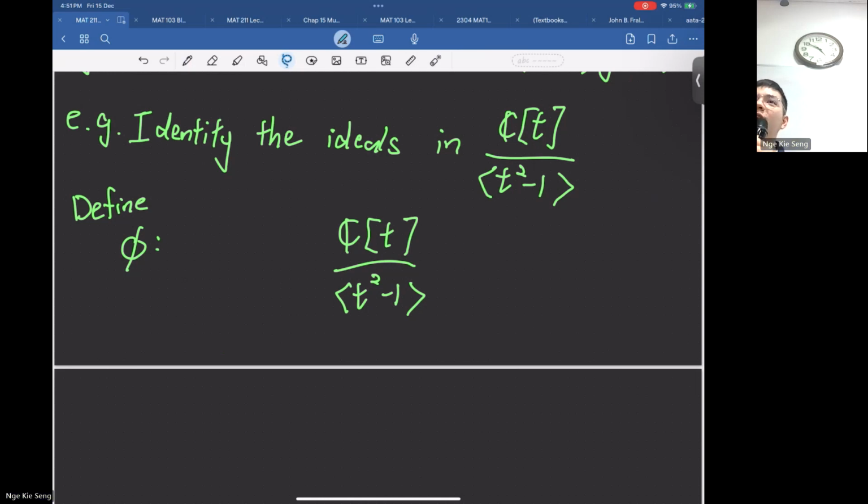Sorry? Square root x plus 1. What do you mean?